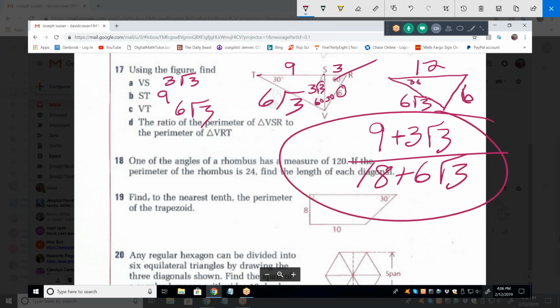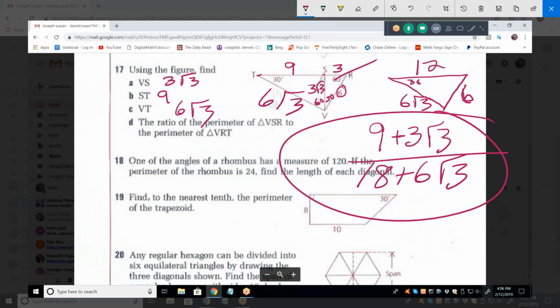Now, can I simplify that? Yes, I can divide top and bottom. How do I simplify that? It would be 1 over 2, because 9 times 2 equals 18. Believe it or not, I don't think that's correct.